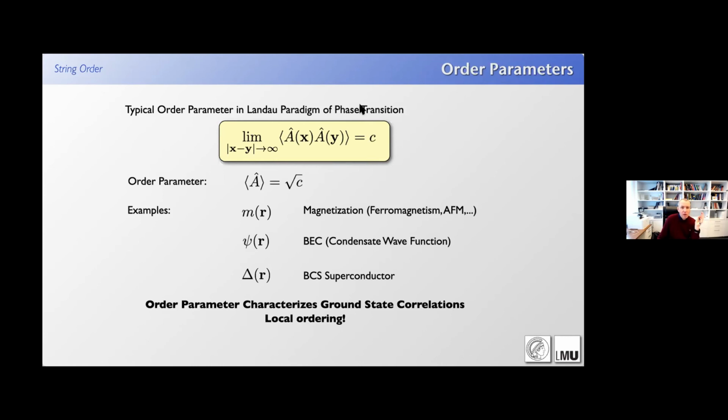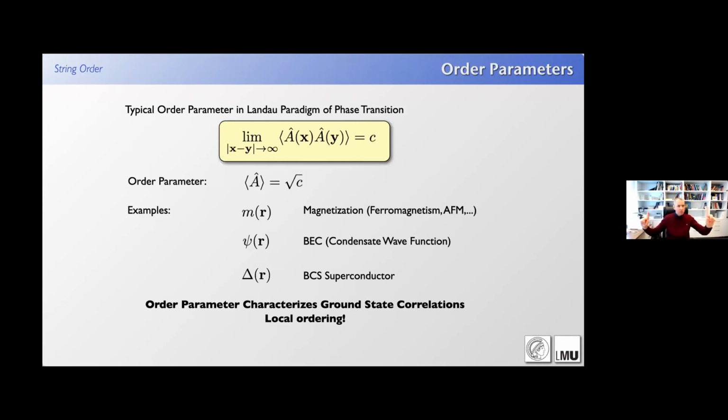Let me give you a few examples to make this more concrete. Imagine you have a ferromagnet. The magnetization of the ferromagnet is the order parameter, because if all spins are aligned and you tell me locally what the spin is doing here, in which direction it's pointing, I will be able to take this local knowledge and predict what the spin is going to do anywhere else in the system, because we know the spins are aligned.